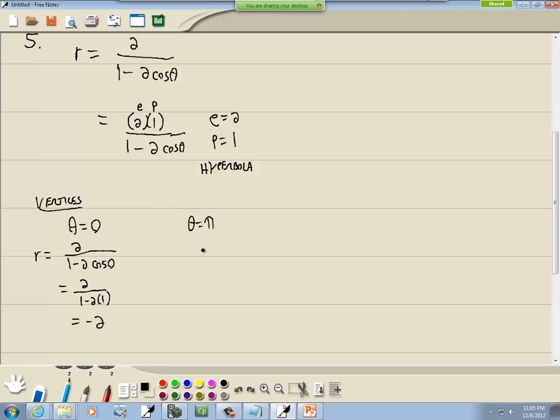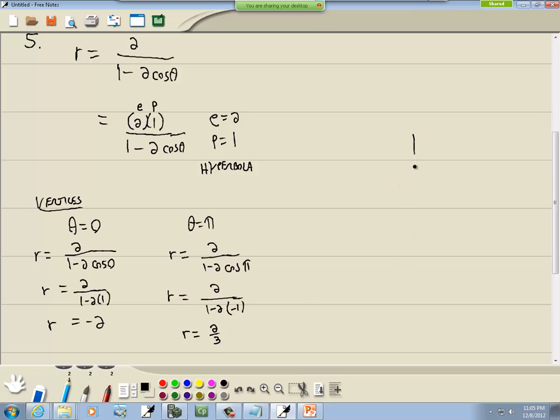Now theta equals pi. We'll plug pi in. So we've got 2 over 1 minus 2 cosine of pi, and cosine of pi is negative 1. Well, negative 2 times negative 1 is a positive 2, plus 1 is 3, so we've got 2/3.